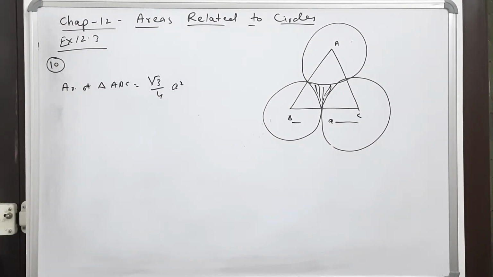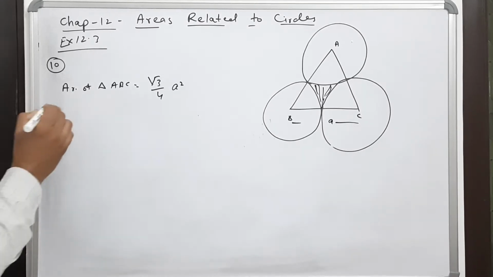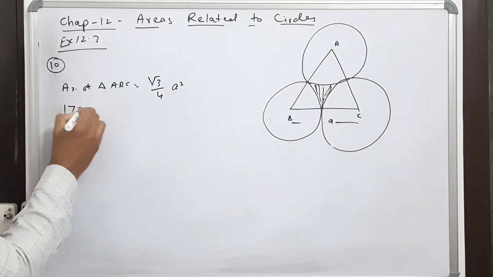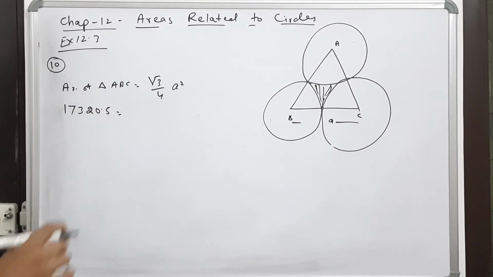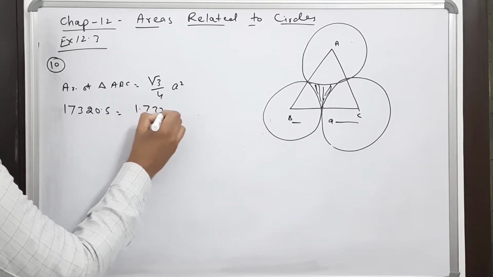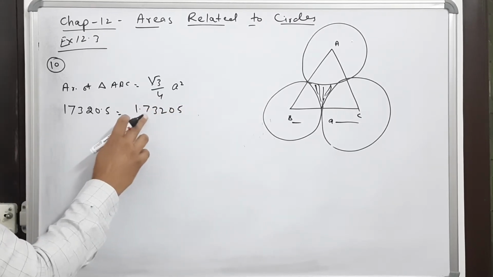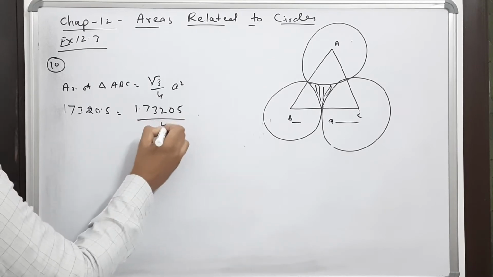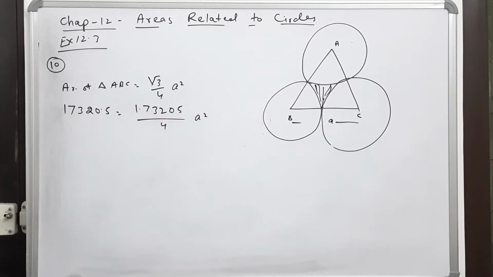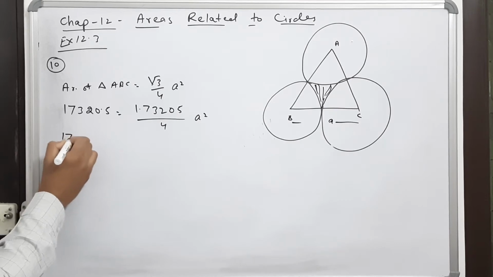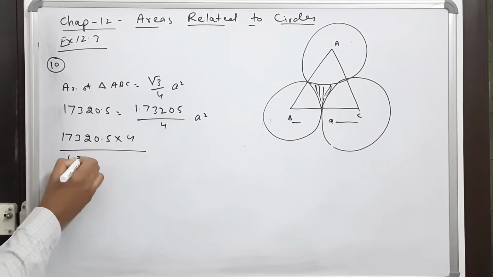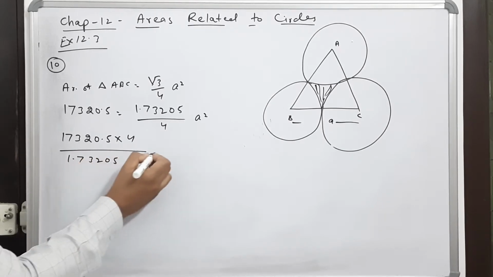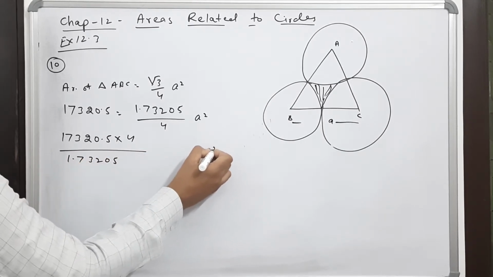Now in this particular sum, the very important part is that the area is given 17320.5 and the value of root 3 is given 1.73205 upon 4a square. So here 17320.5 into 4 upon 1.73205 equal to a square.